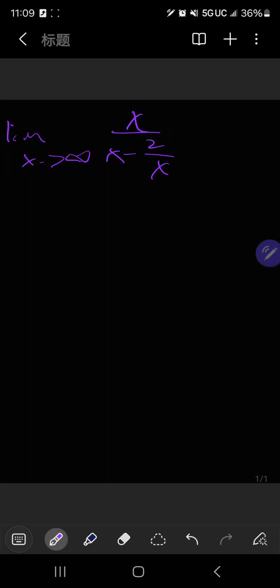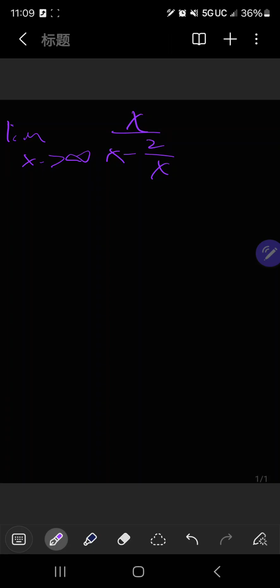What's interesting about this problem is that as x approaches infinity, both the numerator and the denominator are going to be approaching infinity.